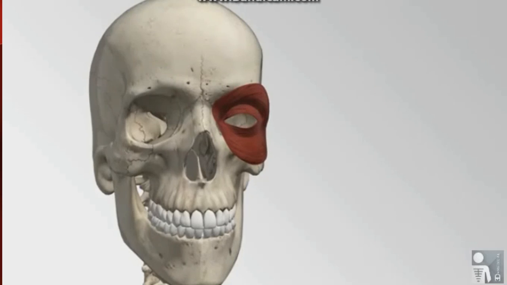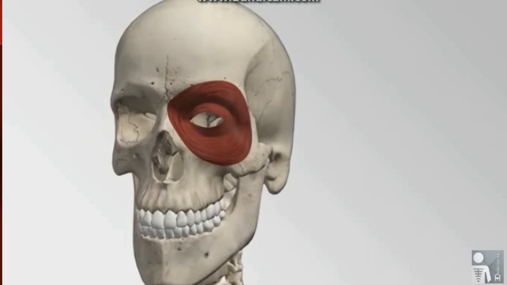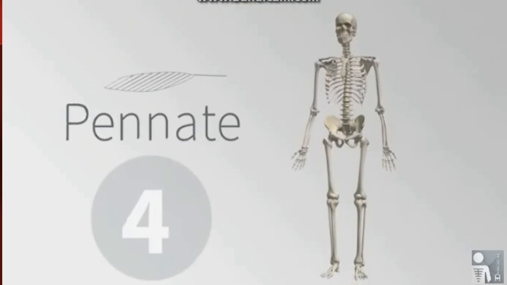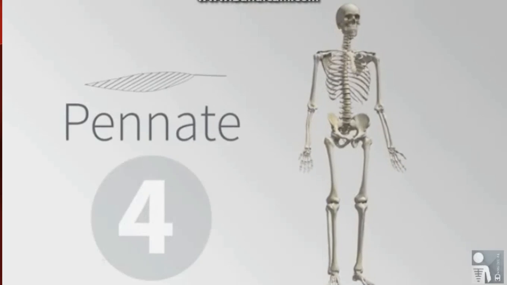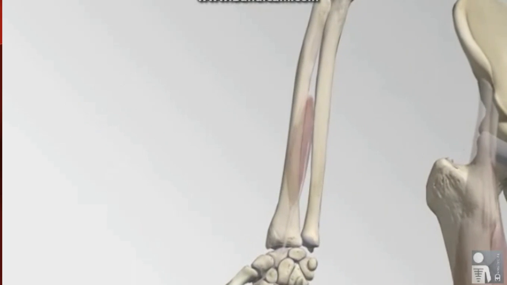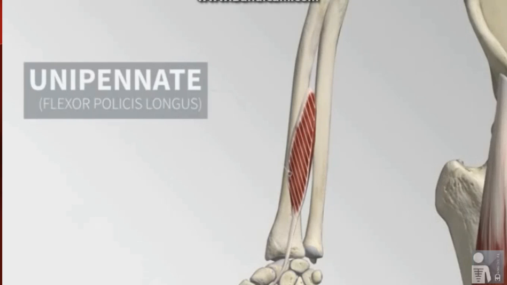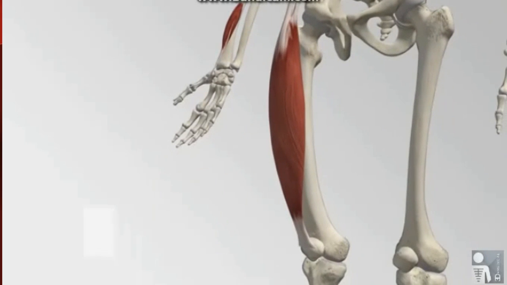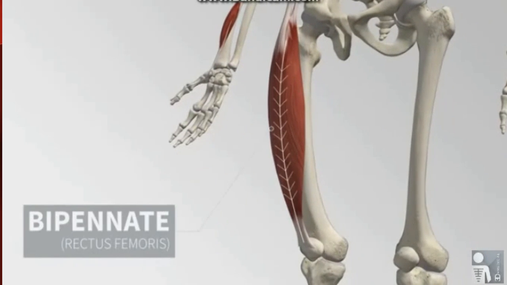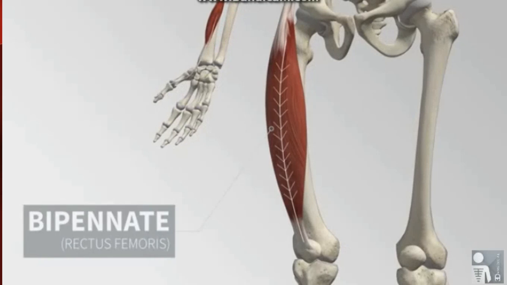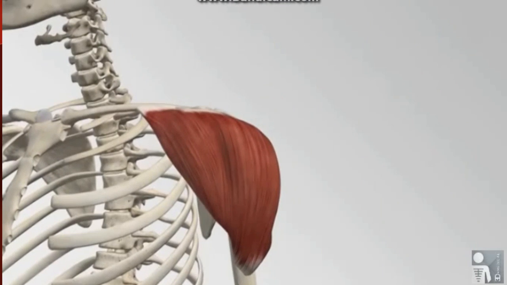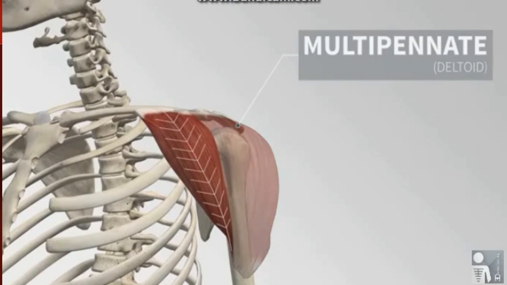Innate skeletal muscles consist of muscle fibers that are attached to the sides of a tendon in a manner that is similar to a feather. Pinnate muscles can be subcategorized based on their shape into unipinnate muscles, bipinnate, and multipinnate.